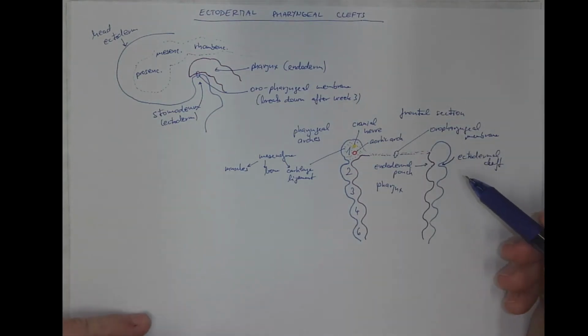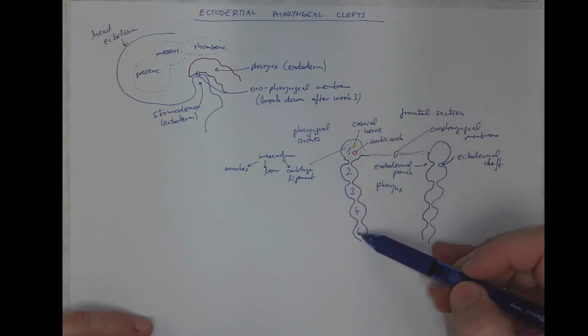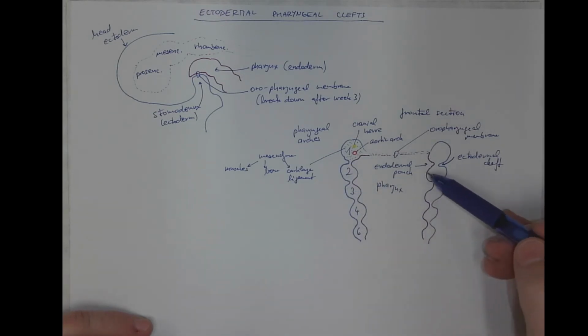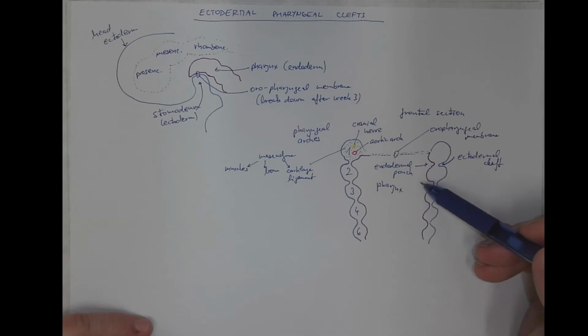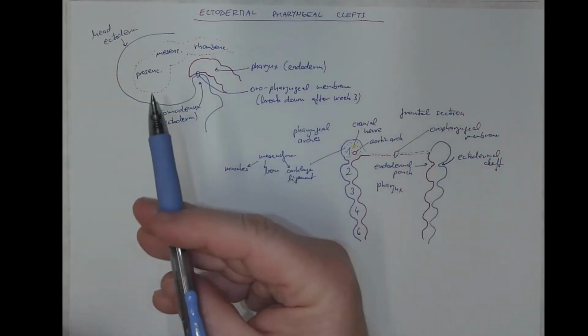In the first scheme, I would like to explain what happens in the region of the ectoderm. Then we will make a special scheme on the endodermal side. So, the ectoderm.